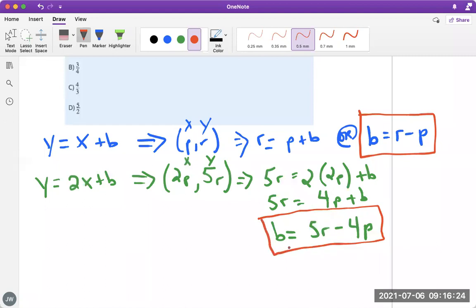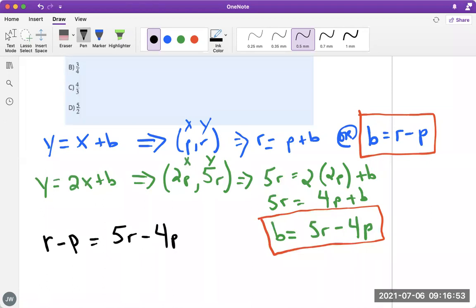Well, we can just set b equal to b, right? Make sense? Identity makes sense? All right, so let's do that. So r minus p is equal to 5r minus 4p.